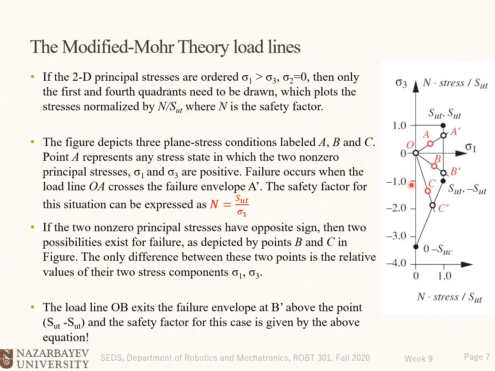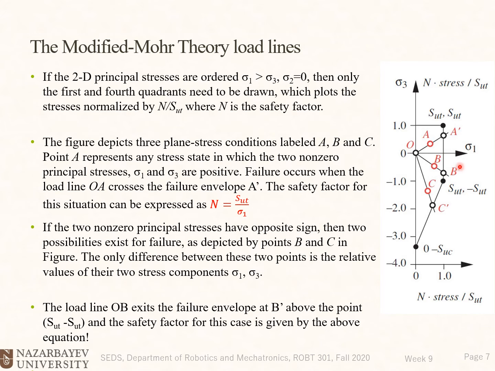One of them is negative, the other one is positive. The load line OB exits the failure envelope at B prime, above the point SUT, minus SUT, and the safety factor for this case is given by the same equation: n is SUT divided by sigma 1.